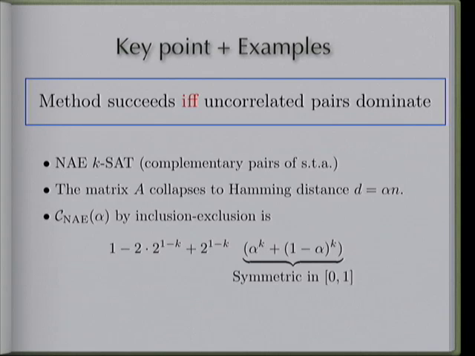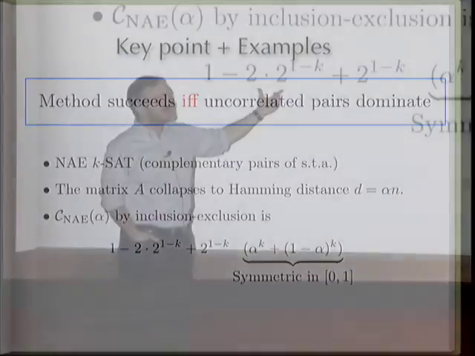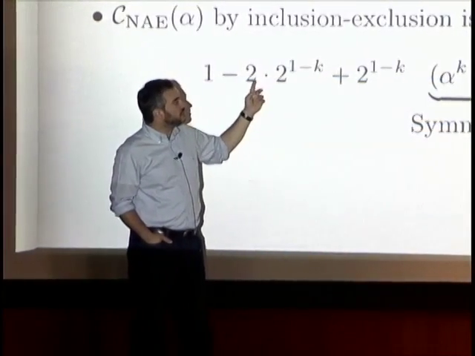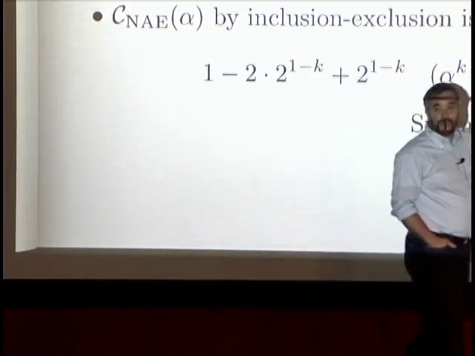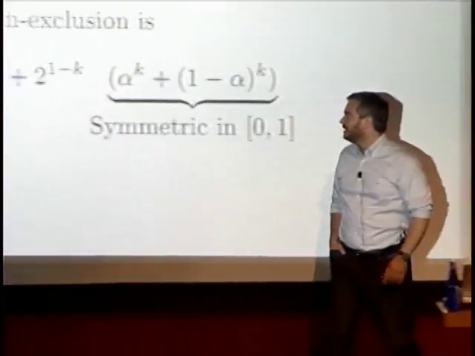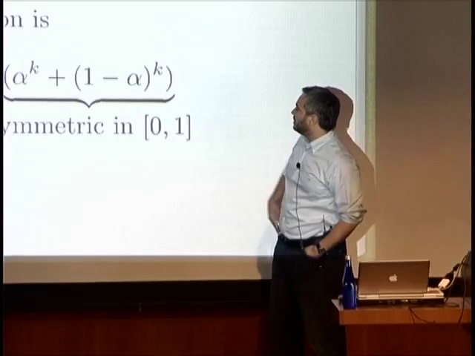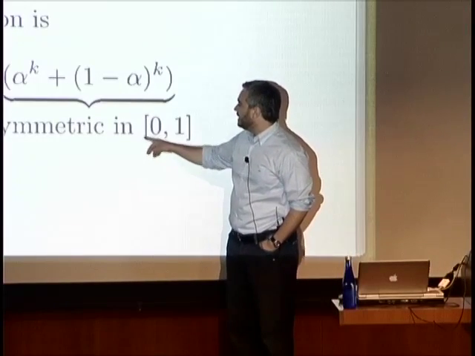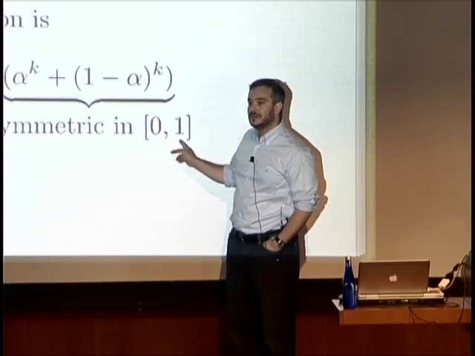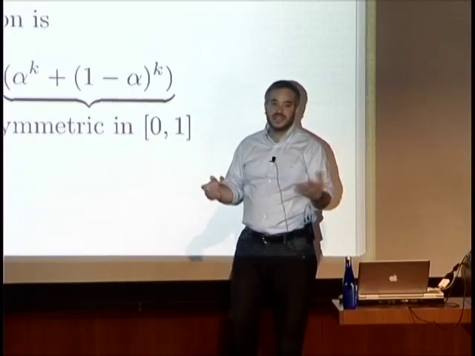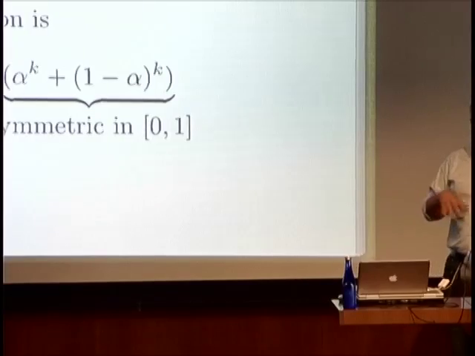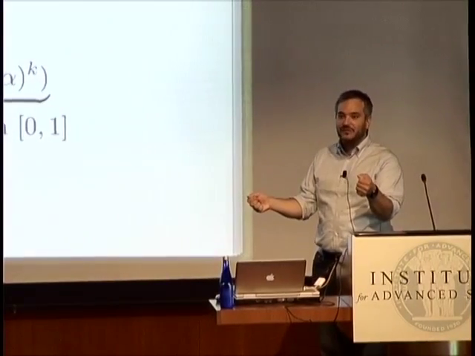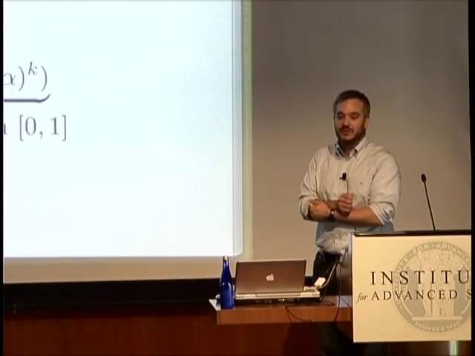And the answer is 1 minus the probability that either one of them fails to satisfy it, which is just 2 to the 1 minus k times 2, plus the probability that one of them fails and the other one fails conditional on that. And the only thing that's really worth noticing here is that this function is symmetric in 0, 1. Which says the intuitively obvious: whether you're very, very close to someone or very, very far from someone is basically the same thing in this particular problem.